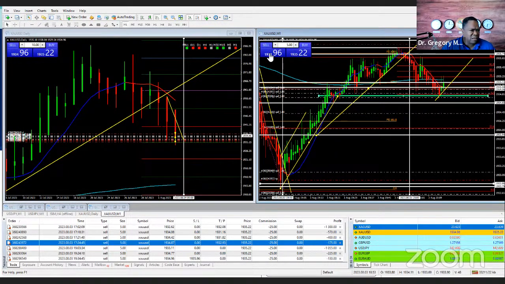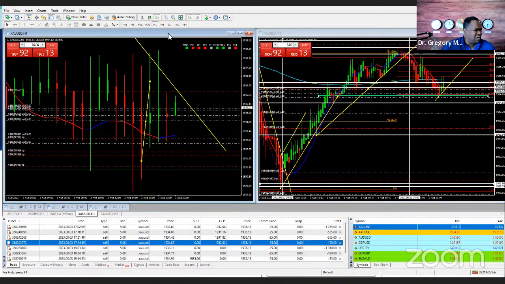If we can get a red candle out of that. All right, I'll do it twice. We can stretch that out a little bit.